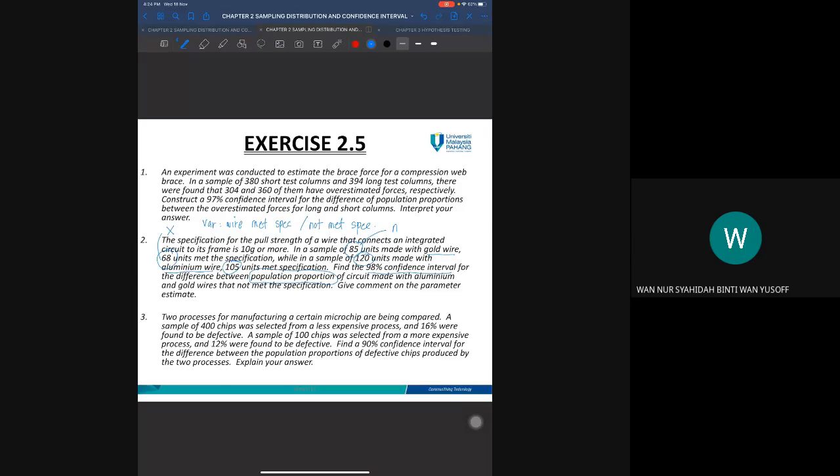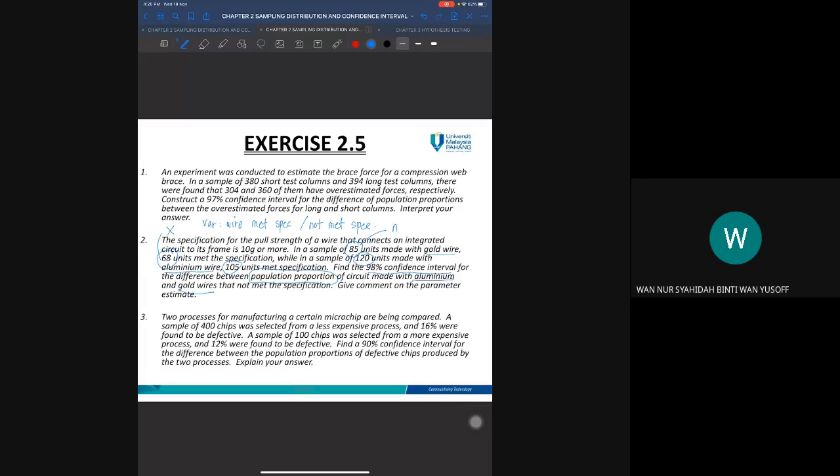So, the population proportion of the circuit made with aluminium and gold wire. The purpose of this statement is to find the confidence interval of circuit made with aluminium and gold. So we have to follow that.